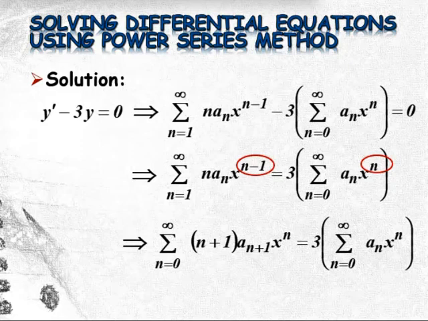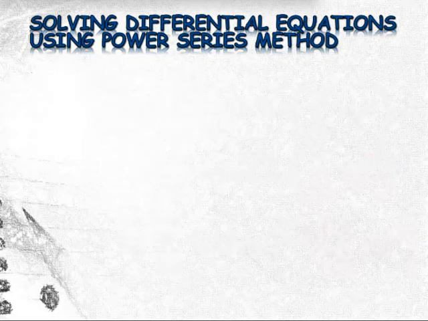We note that the left expression was transformed by simply changing n to n plus 1. But of course, since we changed n to n plus 1, the initial value of n must be changed from n equals 1 to n equals 0. So we end up with two expressions wherein we have the same powers.